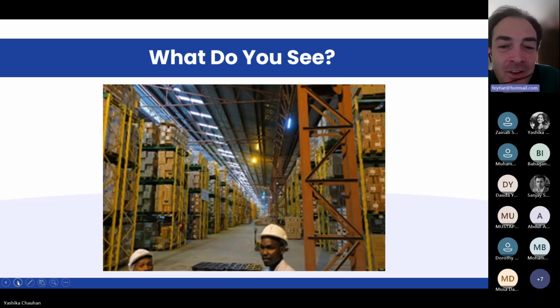Okay. On the left, on the right, you see lots of racking. You see the main aisle in the middle. You see 4 levels on the left and right side. You see enough space for forklifts. You see staff of the warehouse with security equipment. You see good lighting. You see lots of space. You see it looks clean, spacious, well arranged.